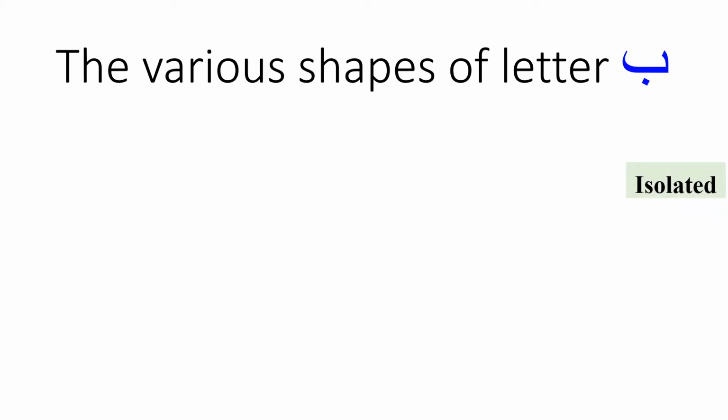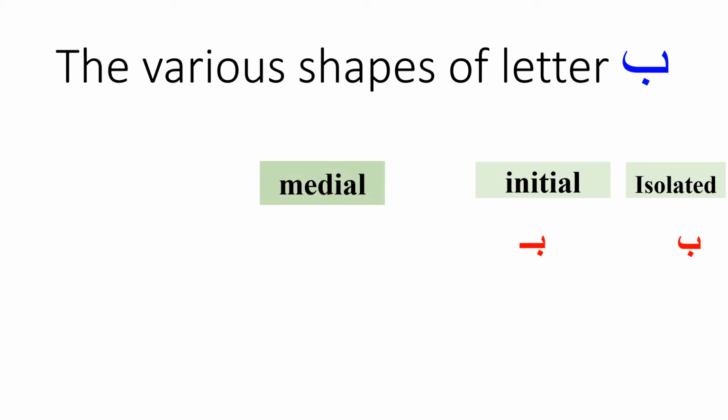This is the shape of the letter when it is in isolation, when it is an individual independent letter, not connected with any preceding or following letter. In the initial position, it can have the following shape that you can see in here. In the medial position, it can have two possible shapes.